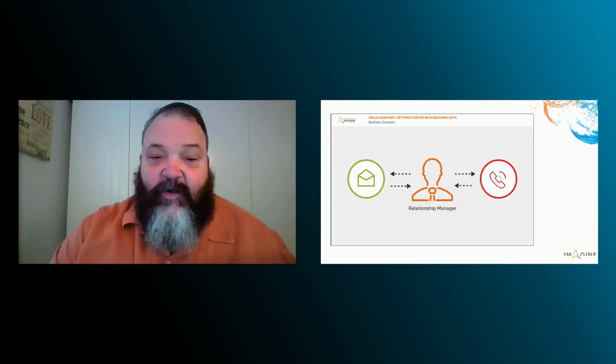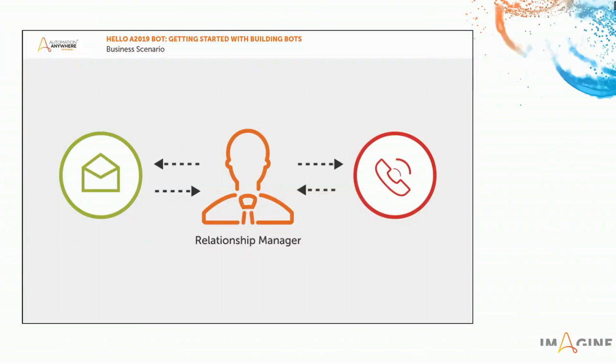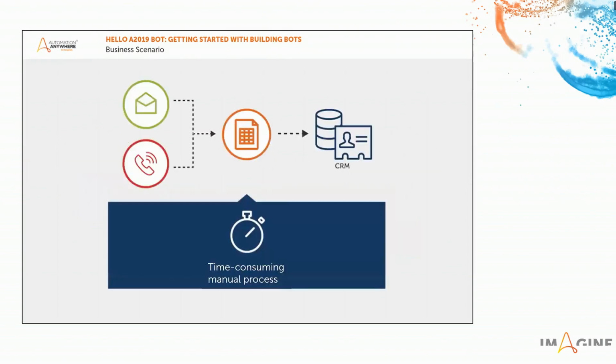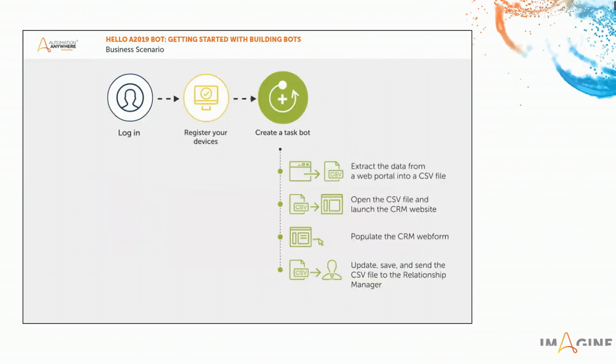In their current process, the relationship manager helps to fill out that profile through emails and phone calls with their customers, and it requires a bit of effort on his part. And then he usually stores the contents of those conversations into a spreadsheet. And then that spreadsheet is used to copy and paste information into a customer relationship management application. This can be a time-consuming and manual process.